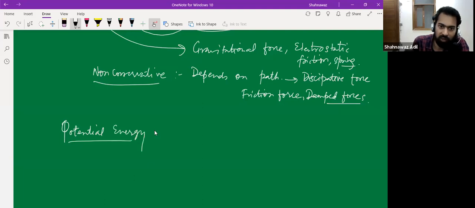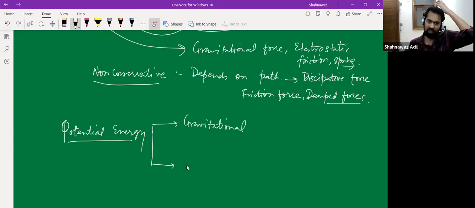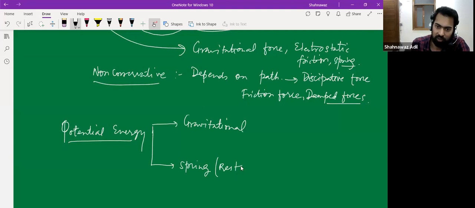So mainly there are two kinds of potential energy. One is the gravitational potential energy that I will talk about here. I will not talk about the electrostatic energy that you have done in your 12th part. Amna ma'am has done that electrostatic part. And the other one is the spring, which is the restoring energy. I need to rush because I have to complete.